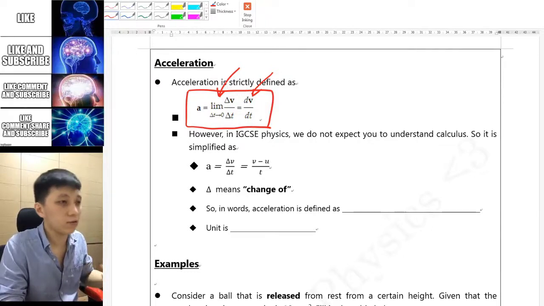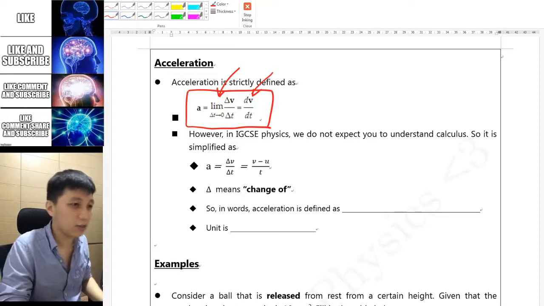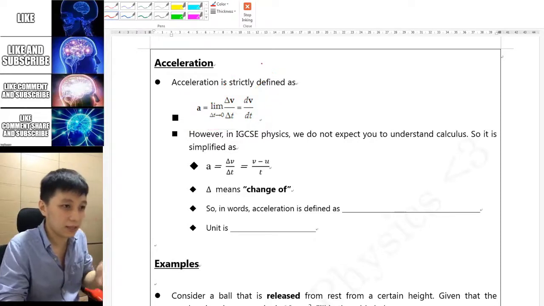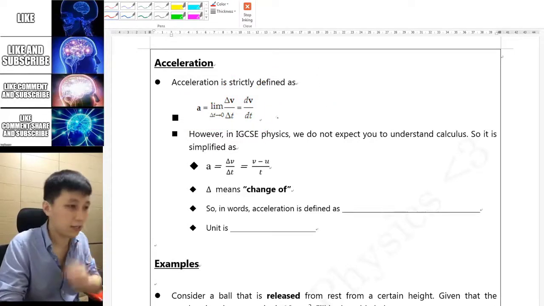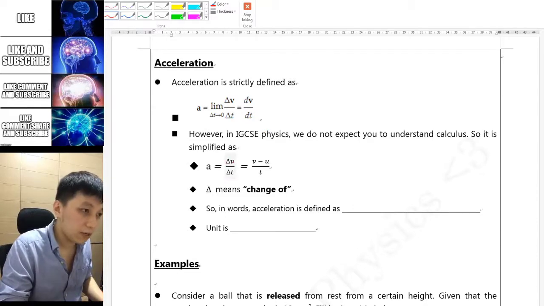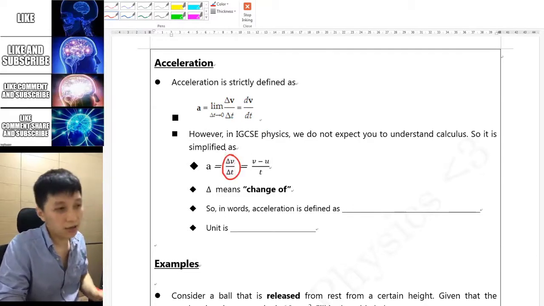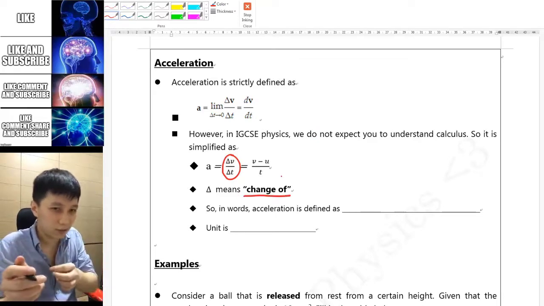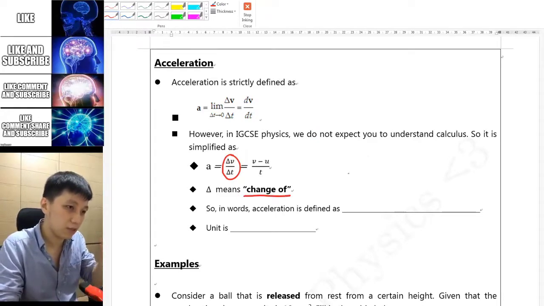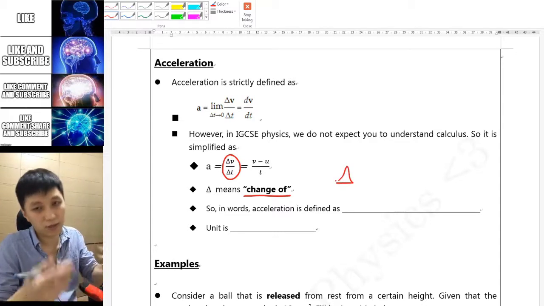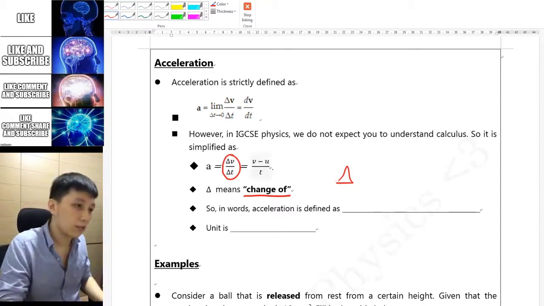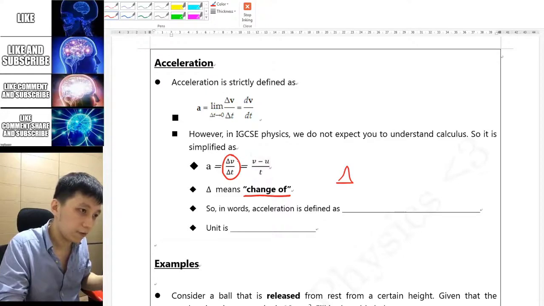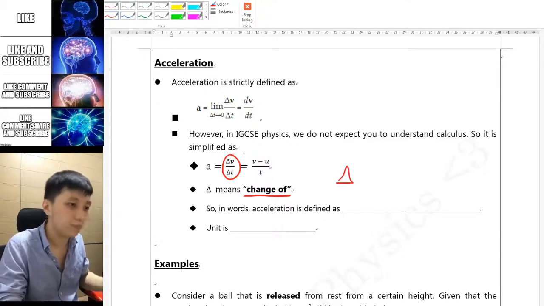If we try to simplify in IGCSE physics without understanding calculus, then we can take it as delta V over delta T. When we say delta, it actually means change of something. Whenever you see delta, this triangle, it basically means change of something. So that means it is a change of the velocity over change of time.